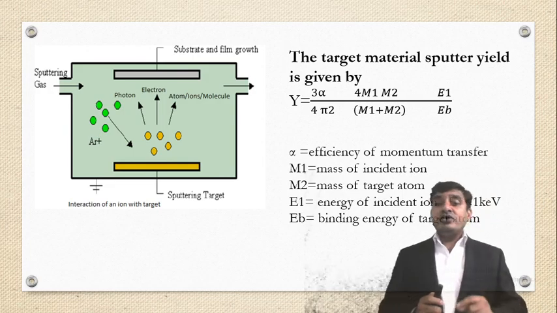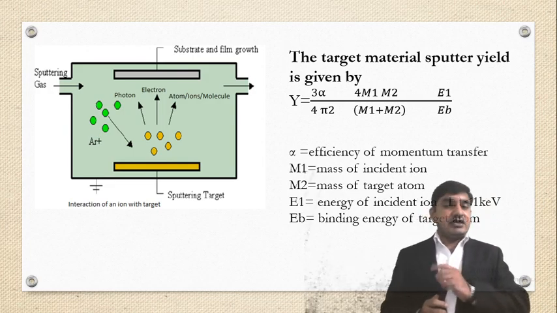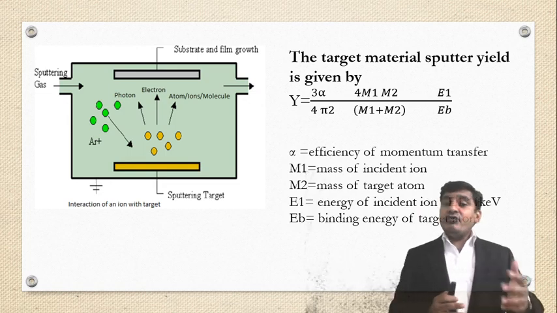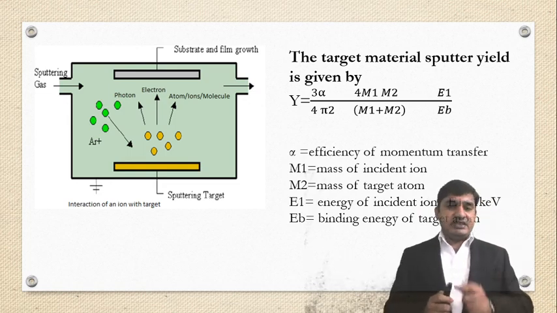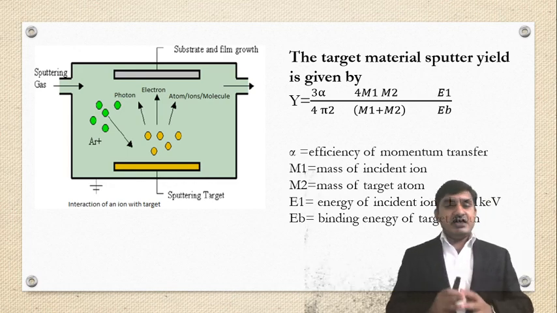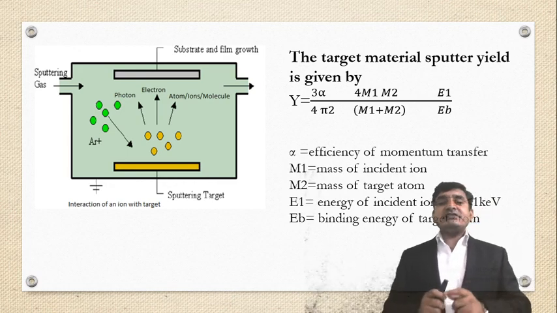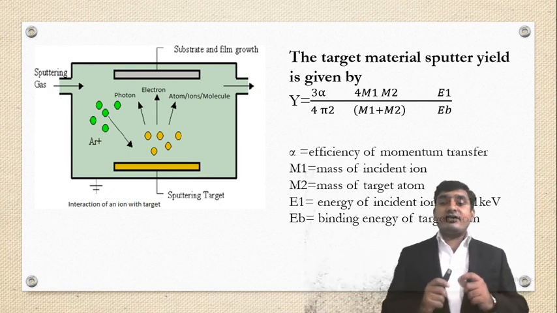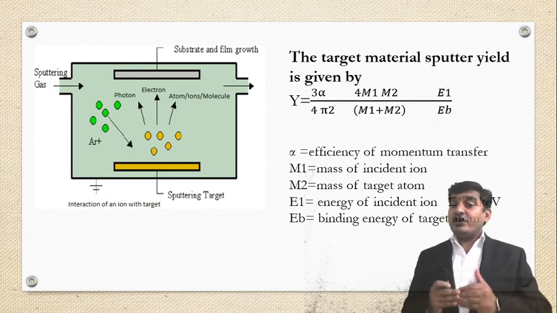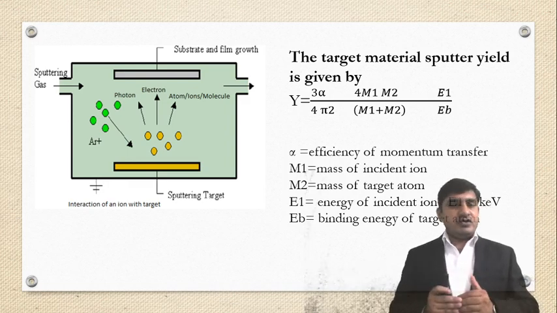M1 is the mass of the incident ion. M2 is the mass of the target atom. We can use different target atoms. E1 is the energy of the incident ion, which is less than 1 kilo electron volt, and EB is the binding energy of the target atom.